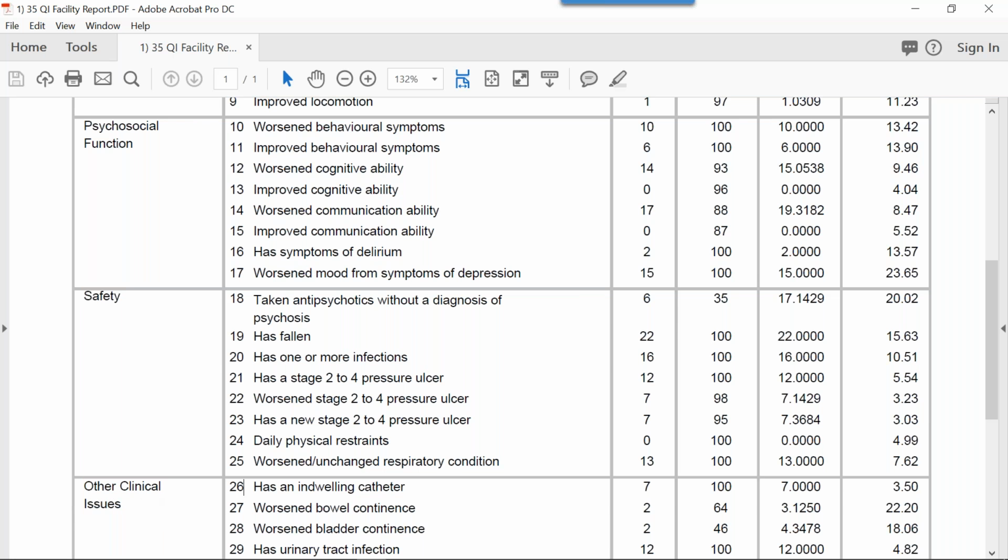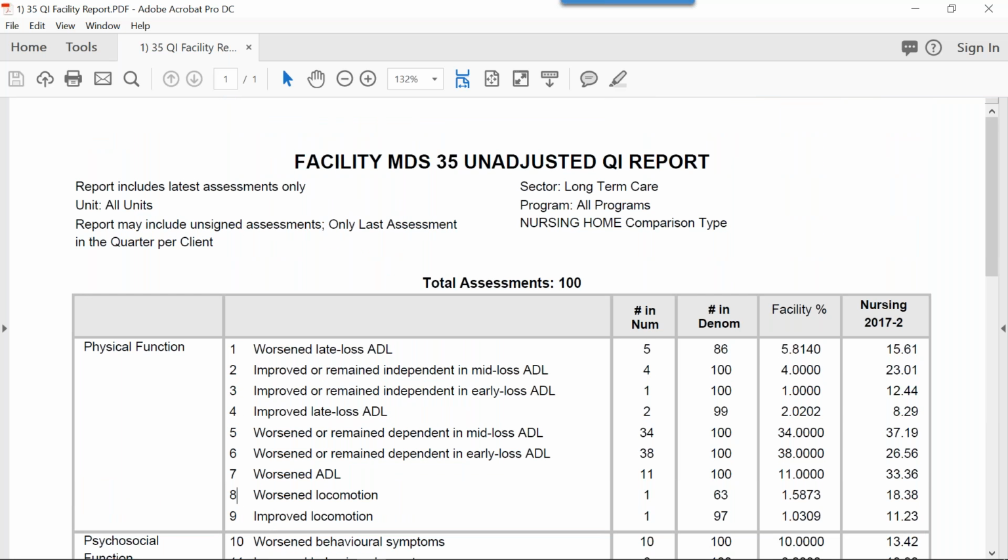So those are the 4 major types of indicators according to the interRAI group. We can also see here how many people actually had a problem, how many people could have had the problem, that's the denominator, and then what's the percentage for our facility, and then how does that compare to the other hospitals or homes in the province.